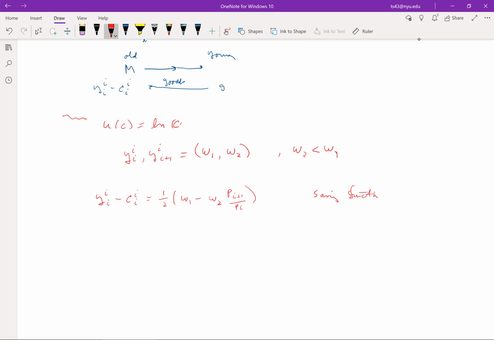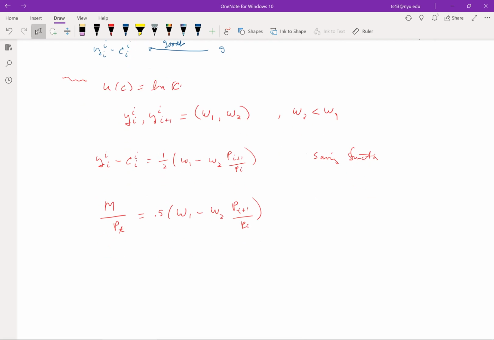So if I write down my equilibrium condition now, this is beautiful. I write down M over P_t. I've switched to t's. I don't know why I'm switching from i's to t's, but I'm going to do it. Equals one half of W1 minus W2 times P_{t+1} over P_t. If I just multiply by P_t and rearrange, I get this equation, if we do this right.